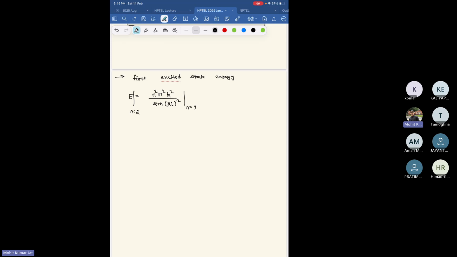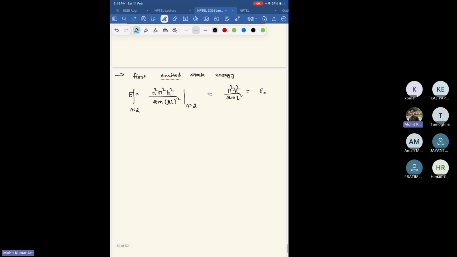Here also n is equal to 2, so that will be pi square h bar square by 2 m L square. This is nothing but the parameter given in the question, the ground state energy of the 1D box, E naught, pi square h bar square by 2 m L square. So the first excited state is equal to the ground state energy of the 1D box without merging.